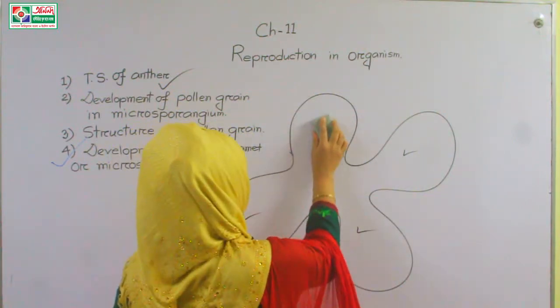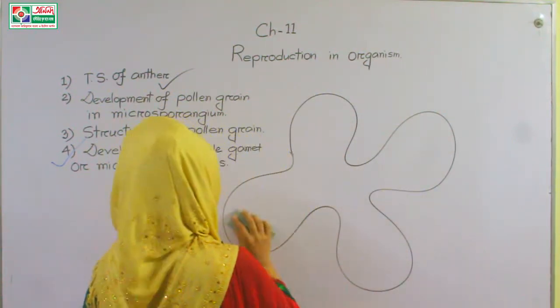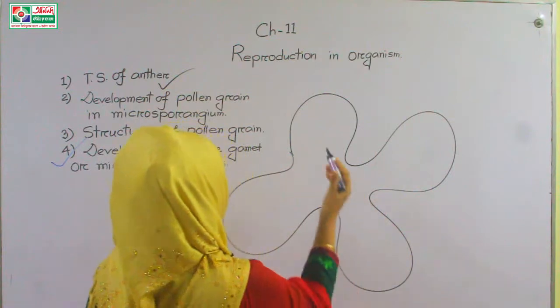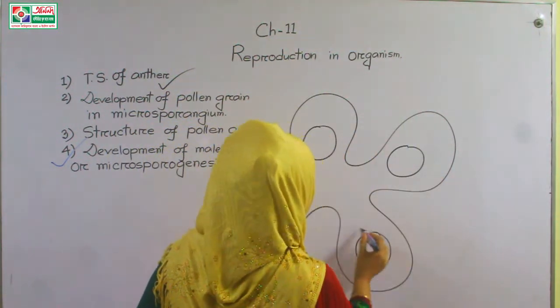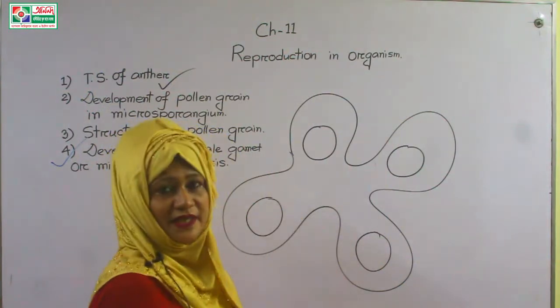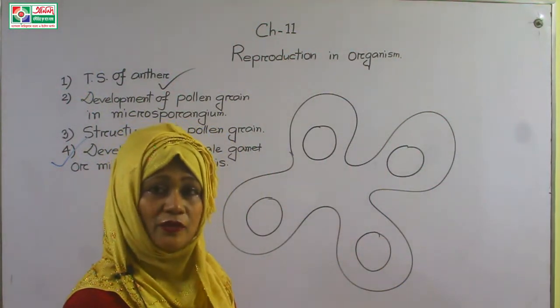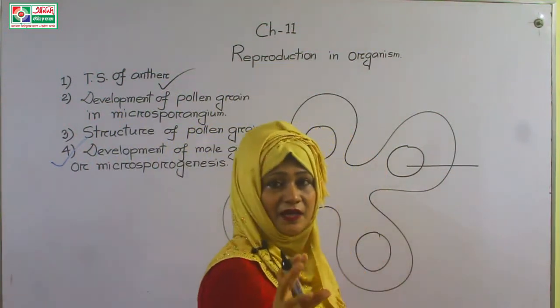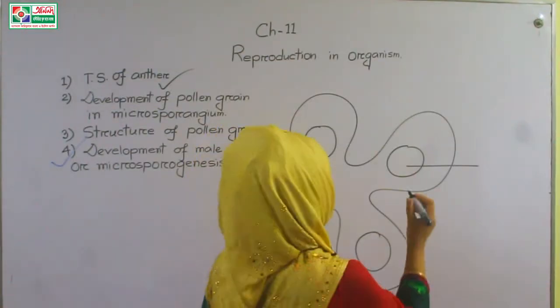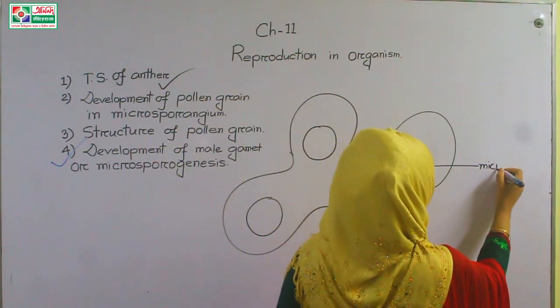What happens inside the anther? There are 4 sac-like structures. These are known as the Microsporangium. Gium or gia means the sac or the container. So this is Microsporangium.